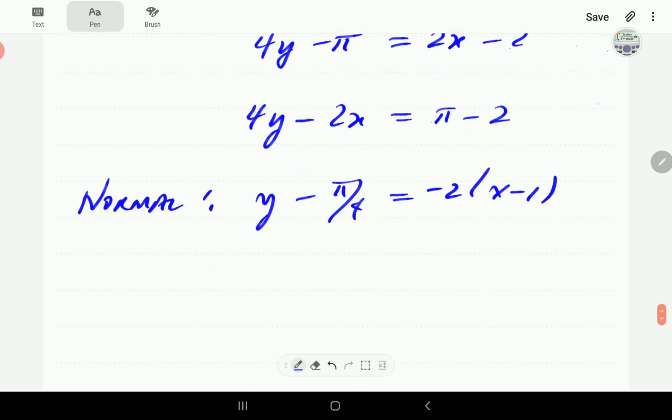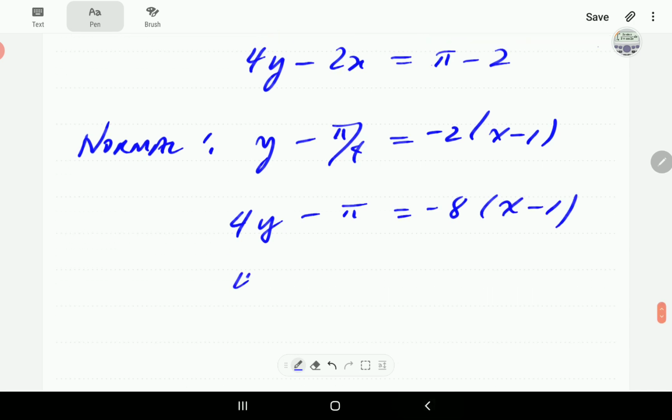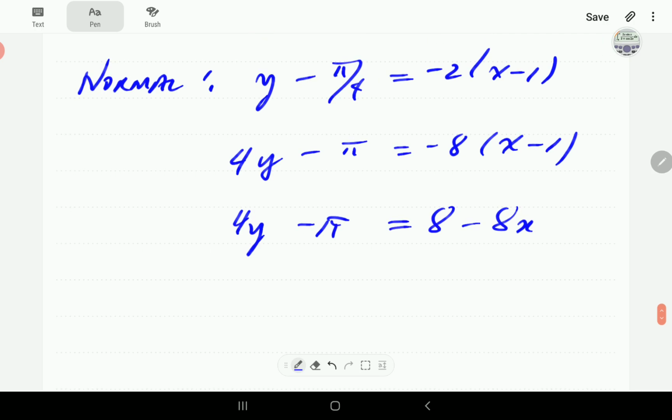If we multiply by 4 again, 4y minus pi is negative 8 times x minus 1, so 4y minus pi is 8 minus 8x. If we bring 8x onto the left hand side, it's 8x plus 4y equals 8 plus pi.